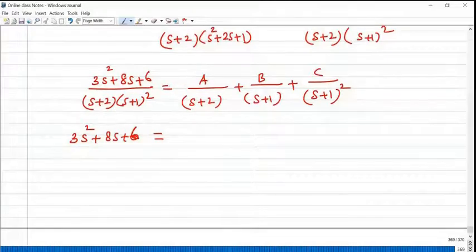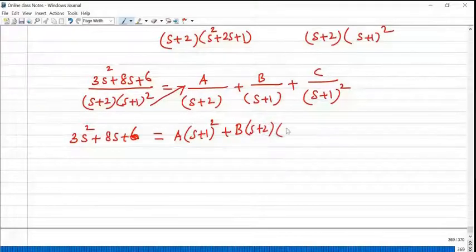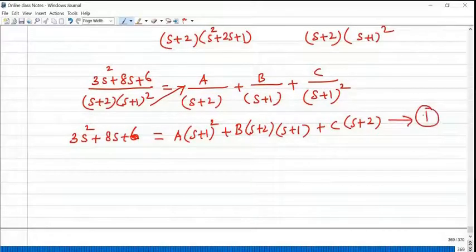Once you do the factorization, the left side numerator term you keep as it is. Denominator term you just multiply on the right side. So A(s + 1)² + B(s + 2)(s + 1) will be cancelled. Now C(s + 2).